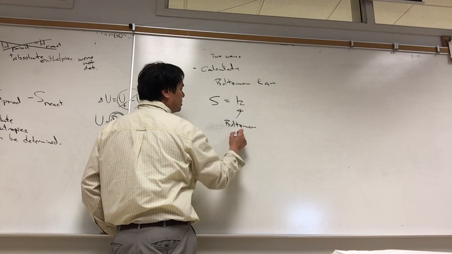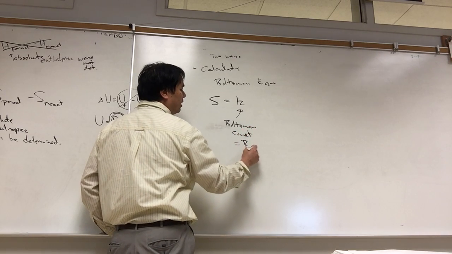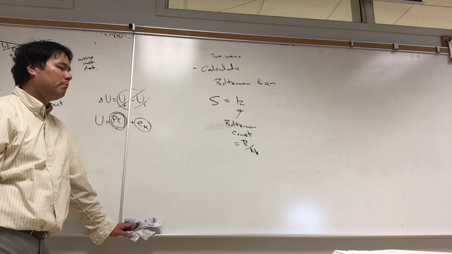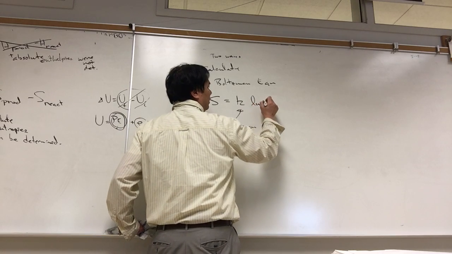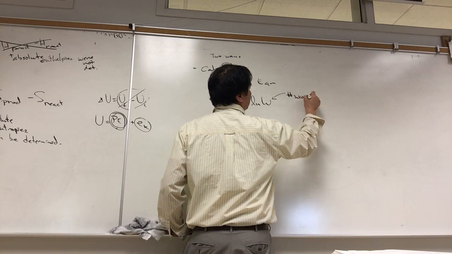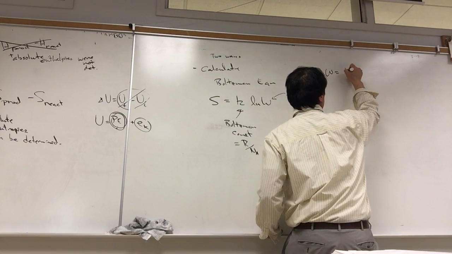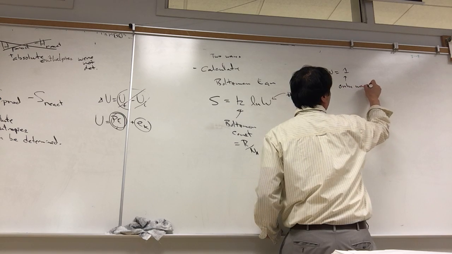The Boltzmann constant is just R, the gas constant, divided by Avogadro's number. So it's the gas constant not per mole, but per molecule or per particle, times ln of W. W is the number of ways to arrange things. And so let's say there's only one way. If W is equal to 1, only one way to arrange it.